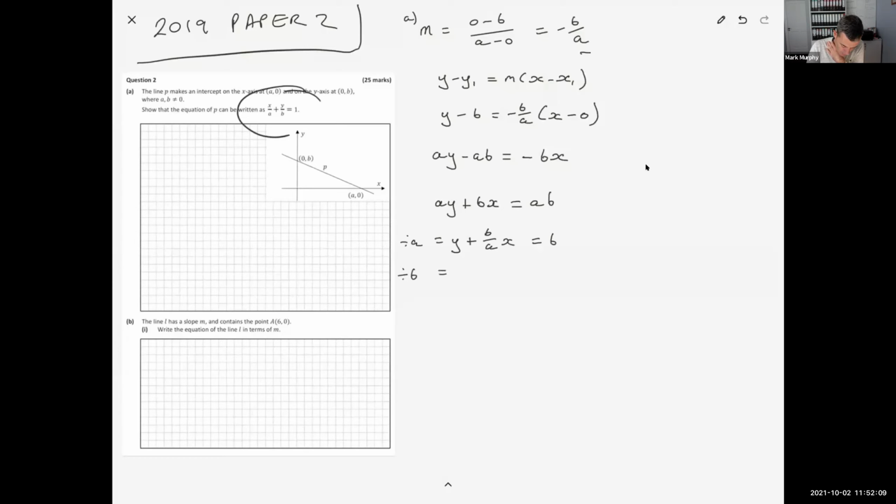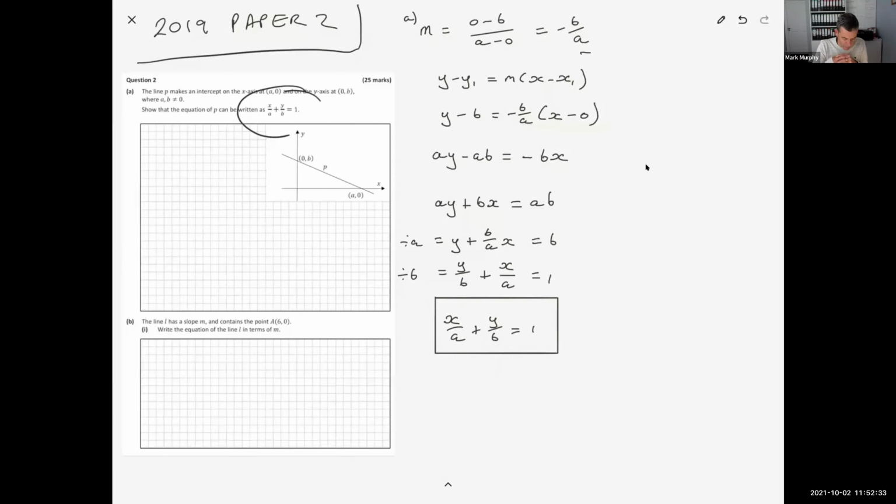Divide by b, y over b, yes, plus x over a, because the b's will cancel out, equals 1. And then just rearranging, you get x over a plus y over b equals 1. That's what they asked for, isn't it?